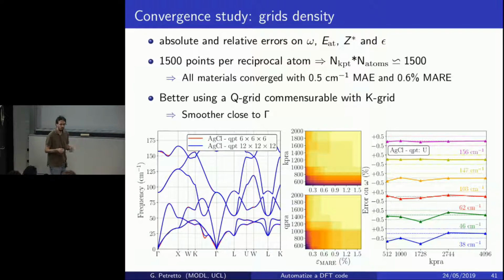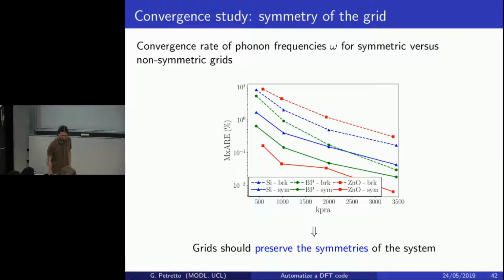For example, we always use commensurable K point and Q point grids, obtaining a smoother behavior close to gamma. And we also observed that the convergence rate is way better if we stick to K points that respect the symmetries of the system. This might not come as a surprise, but when you generate the inputs automatically, you might get something that does not respect the symmetry.